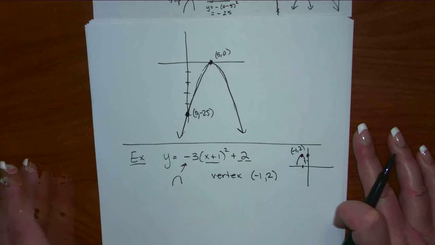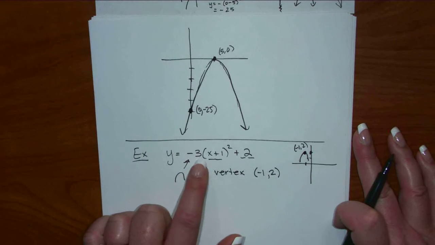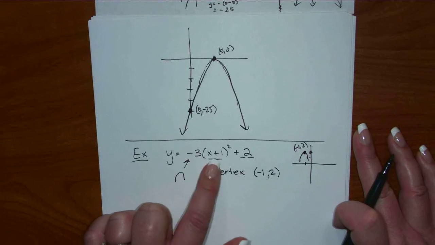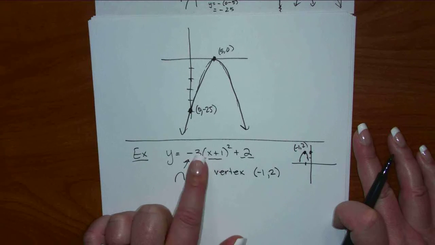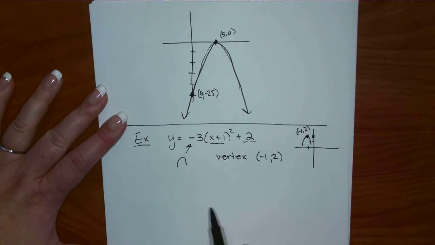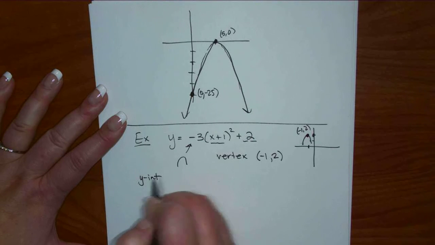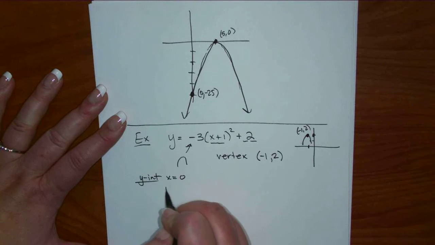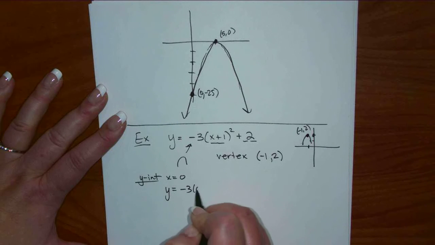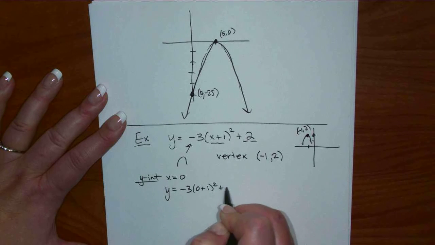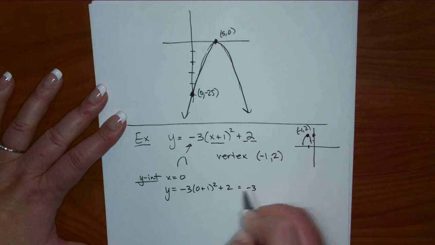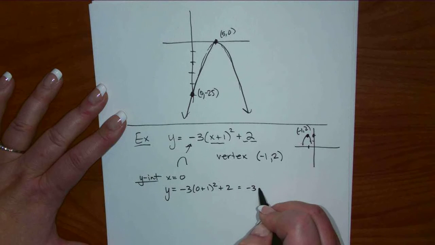So let me show you how to expand this, because you have to be really careful when you expand it to find your intercepts. Let's do the Y-intercept first, because that one's easy. So minus 3, that's 1 squared is 1.